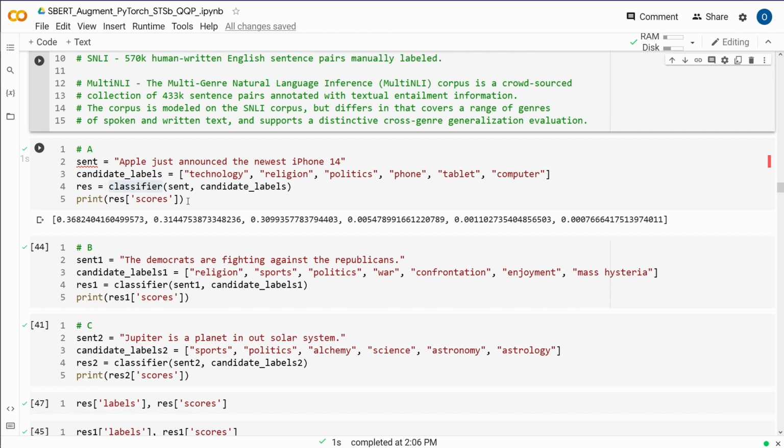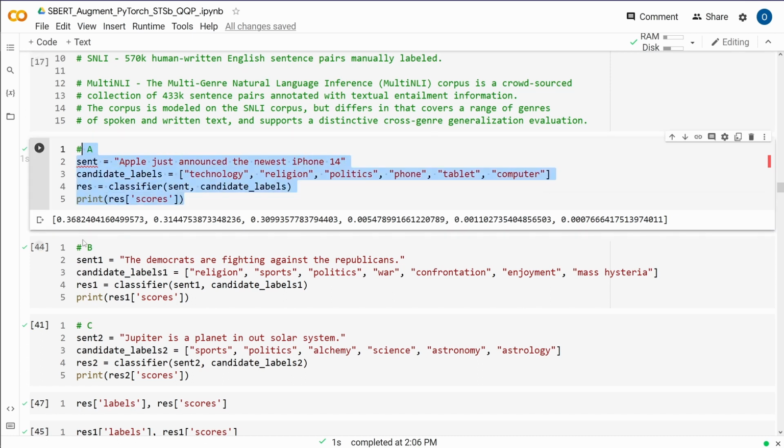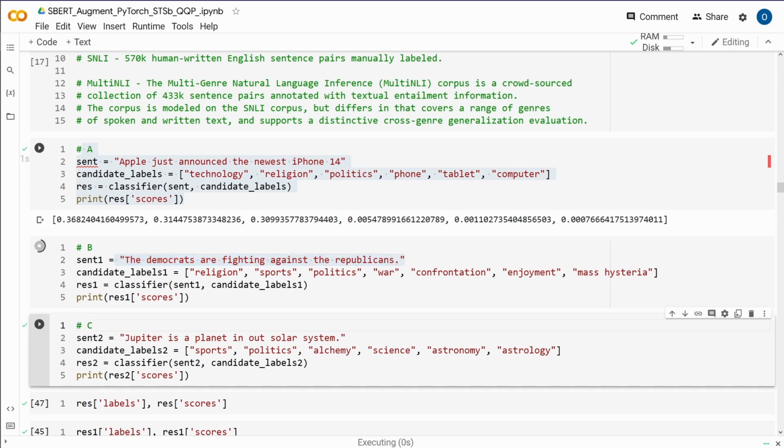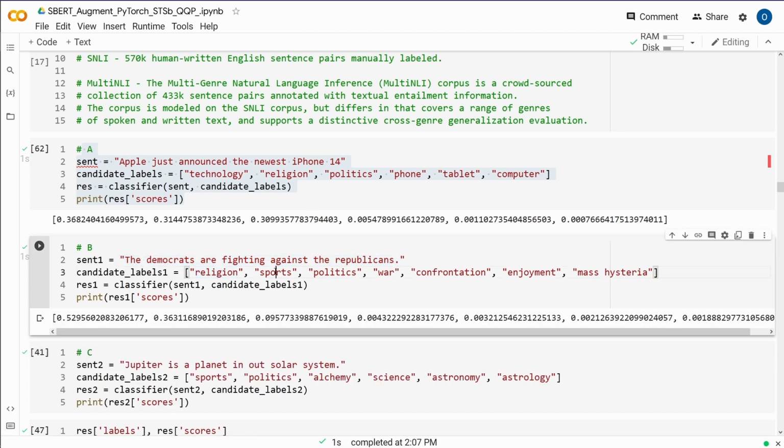Now, if you look at this, this is a sentence A, then we have a sentence B, and I say something from politics. The Democrats are fighting against the Republicans. And I say, is it religion? Is it sport, politics? I have here war, so really fighting, because I say fighting. Or is it just a confrontation?